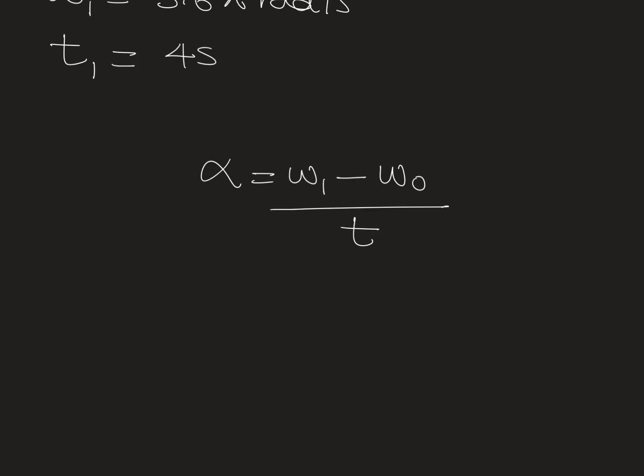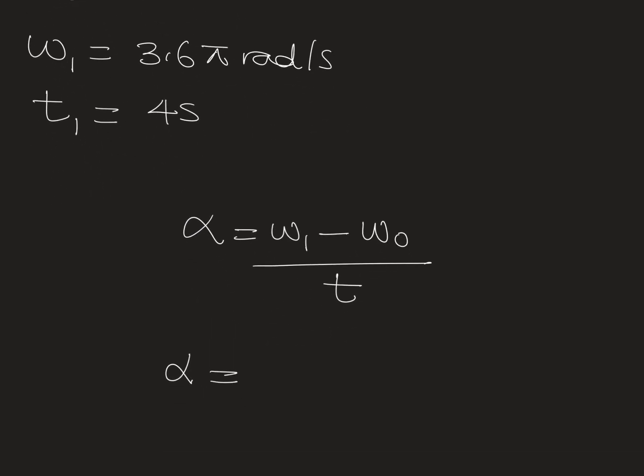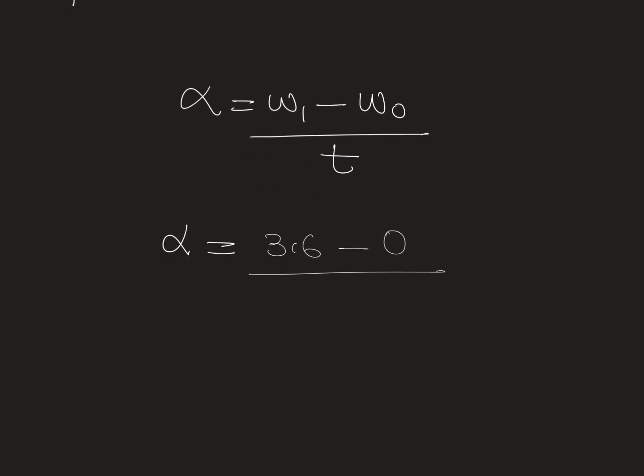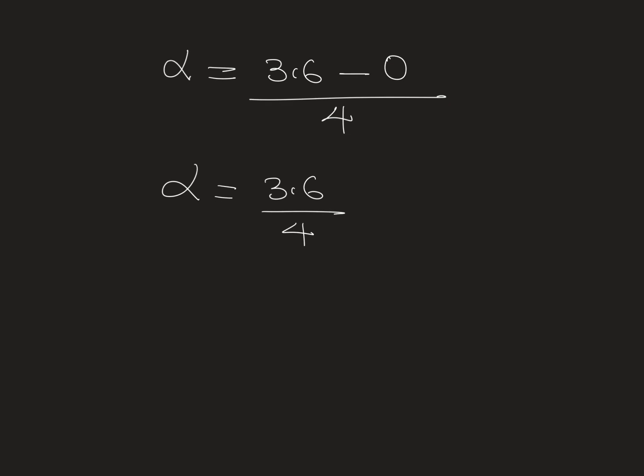So alpha is equal to omega 1, which is 3.6 pi, minus the initial, which is 0 since the body starts from rest, divided by the time, 4 seconds. So alpha will be 3.6 pi divided by 4.